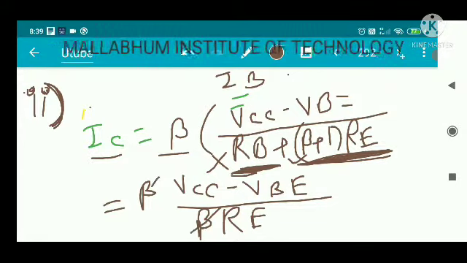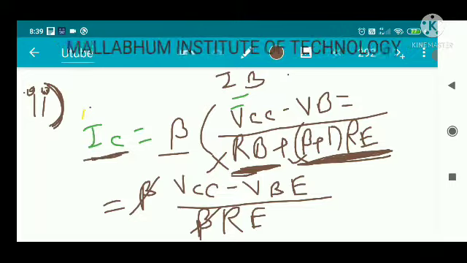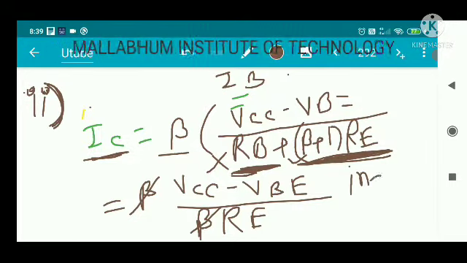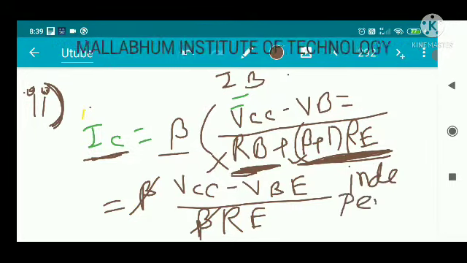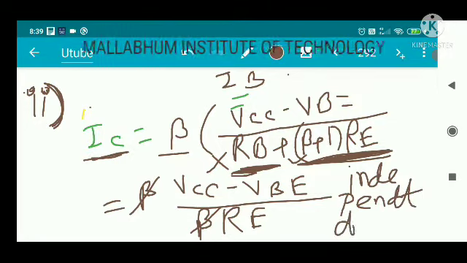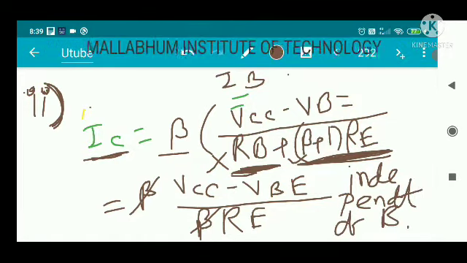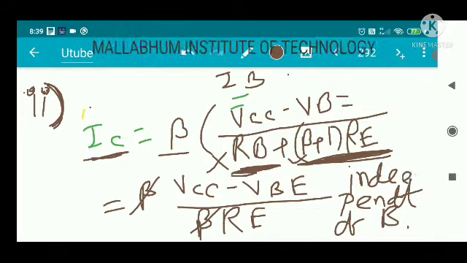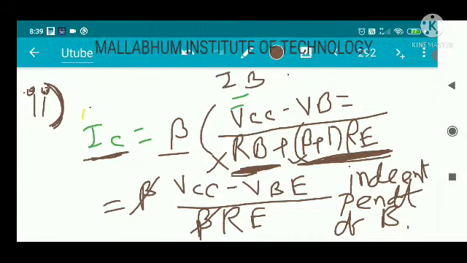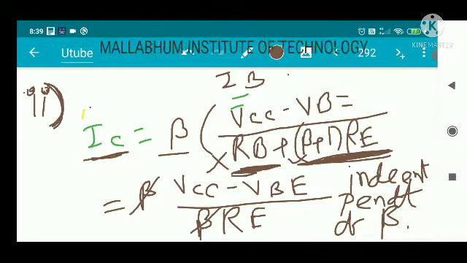So you can cancel beta, and IC will be totally independent of beta. That is another way the emitter resistance helps us keep the collector current fixed, both temperature neutral and beta neutral.